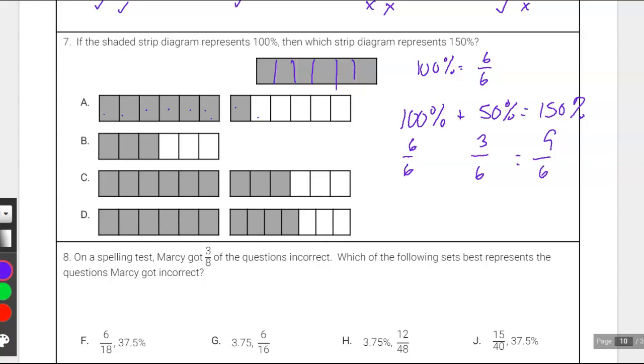I've got 7/6. That's not it. I've got 3/6. Here I've got 9/6, which is exactly what we said. And this one doesn't work because we've got 6ths here, and we've got 4/7 there. I'm not sure if that's on purpose or not, but the answer is C.